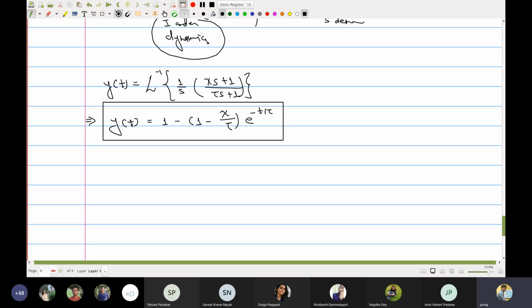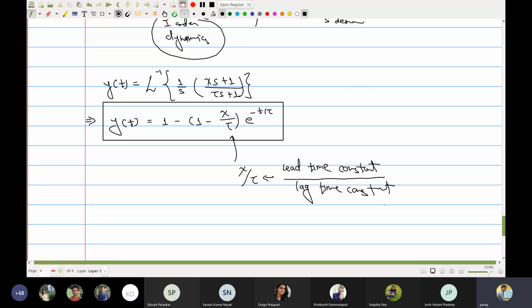Let's try to look at the response. Now here in this particular expression, you have the fraction psi by tau, which means that you have the lead time constant by the lag time constant. Remember what was the effect of the lag time constant in our dynamics?